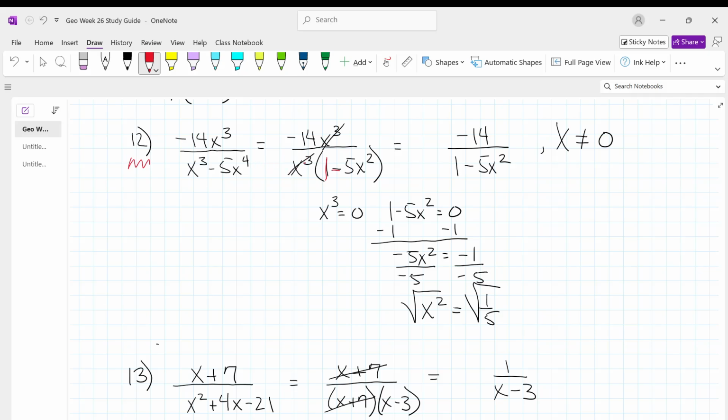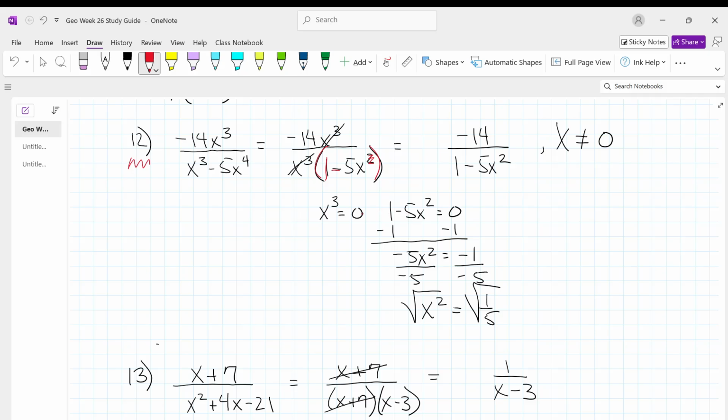And when you divide x to the third into 5x to the fourth, you get 5x to the first power. Okay, so this factor should have been 1 minus 5x.